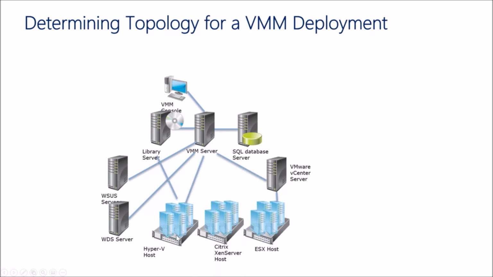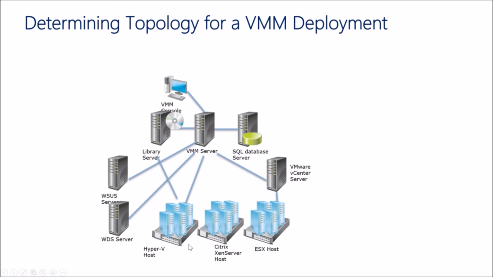We plug in the Hyper-V hosts, more likely, possibly Citrix hosts, probably rarely Citrix, rarely ESX hosts. But if you had this ESX host, you still need the vCenter, which is being managed by the VMM anyway. So having these type of hosts is very rare.